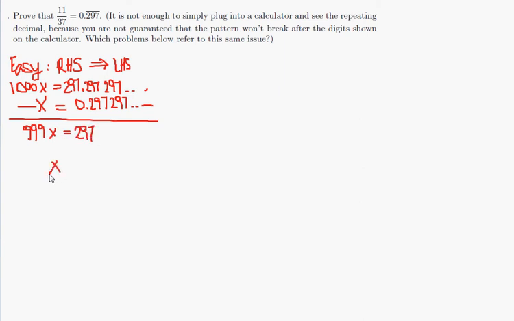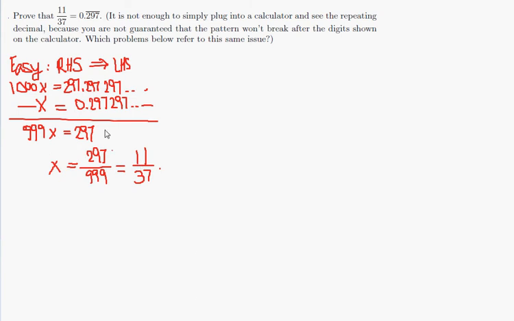And so x is equal to 297 divided by 999. And it turns out that 27 is a common factor to both numerator and denominator. And so dividing top and bottom by 27, we get 11 divided by 37. So that's one way of establishing this, going from the right-hand side to the left-hand side.